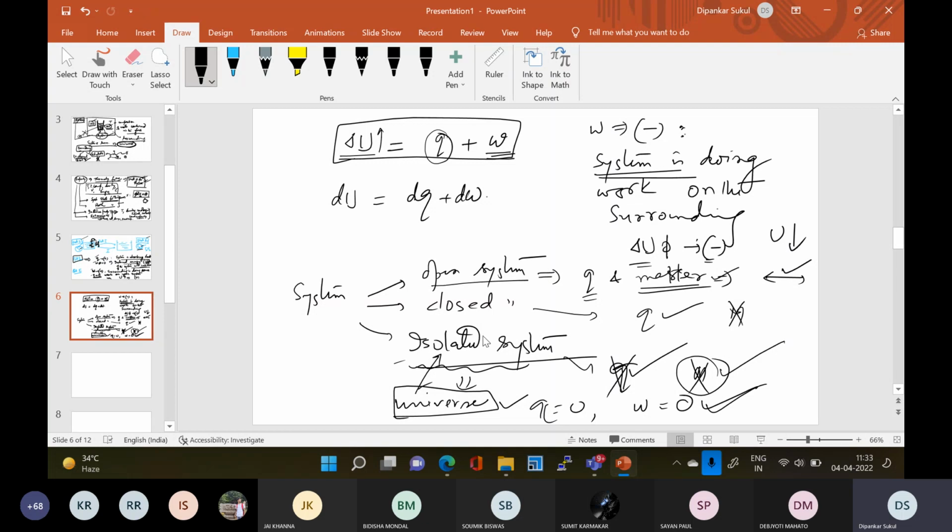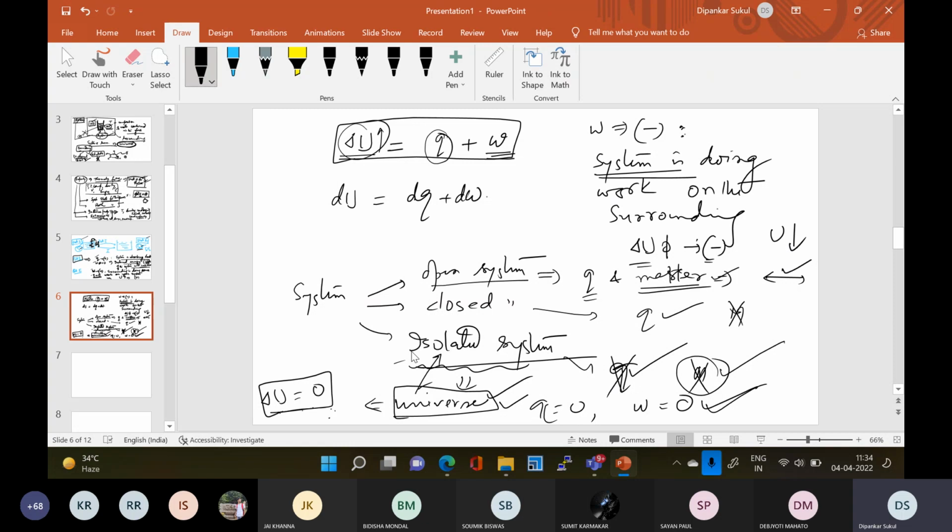Then what about the change of internal energy for the universe? There will be no change of internal energy. That is, the internal energy of the universe is conserved, or simply, the energy of the universe is conserved. That is the statement of the first law of thermodynamics.